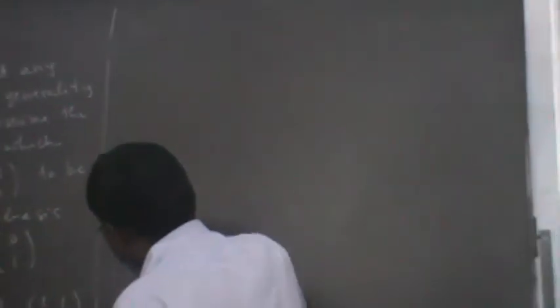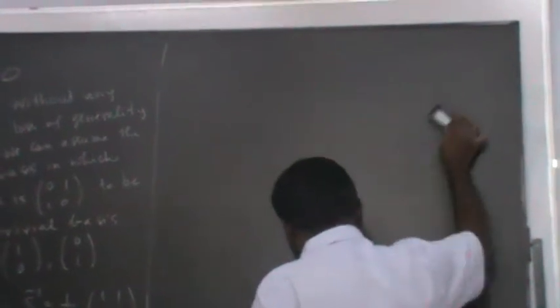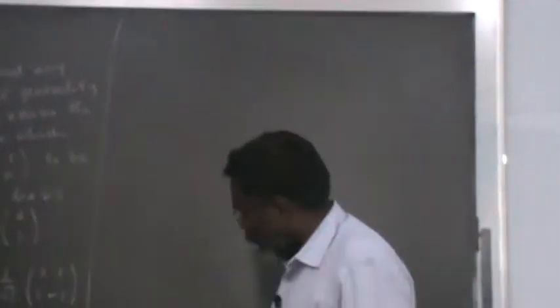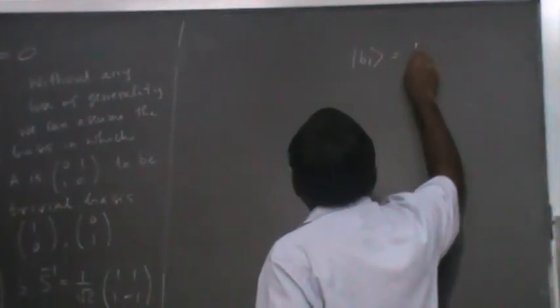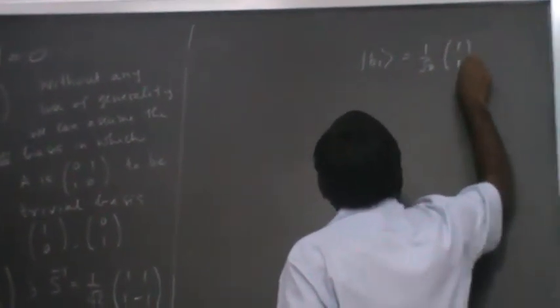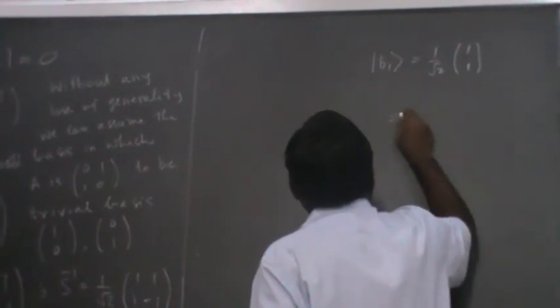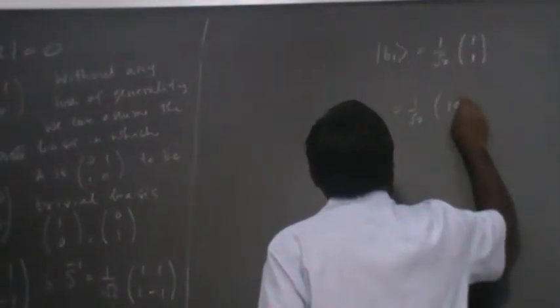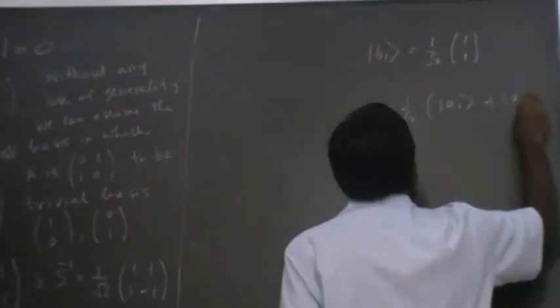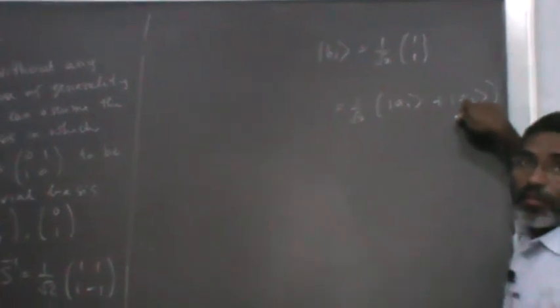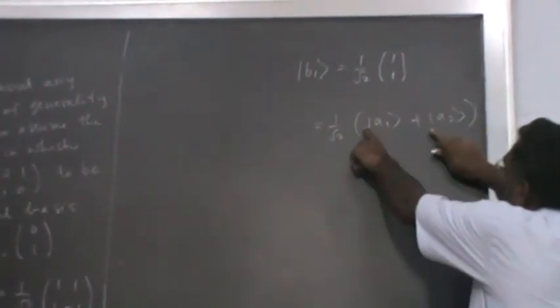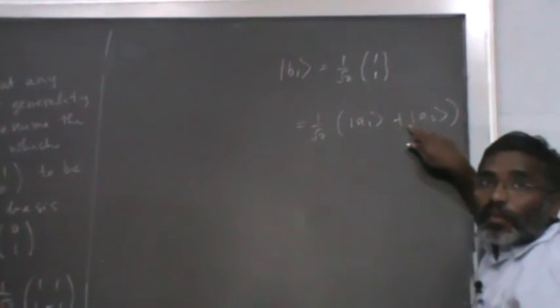Each column of the similarity matrix, the transformation matrix, should be an eigenvector. If you have an eigenvector v1, in this case equal to 1 by root 2, [1, 1], this essentially means that this is equal to 1 by root 2 times (a1 + a2). Because I'm taking a trivial basis, I can interpret these as the coefficients.